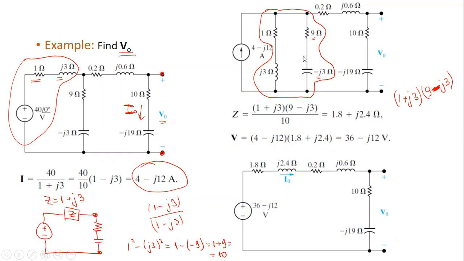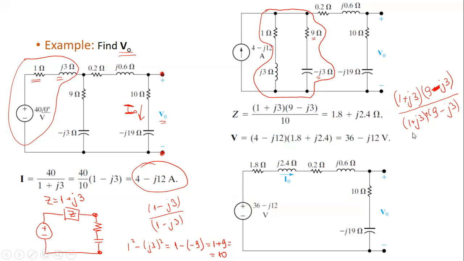In order to get their parallel combination, I need to multiply them by each other, and then divide the result by their sum. So the first one is 1 plus J3, the second one is 9 minus J3, and I need to divide by their addition.